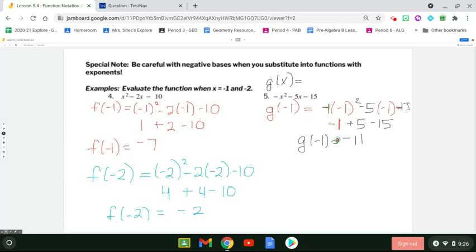We're going to do the same thing, except this time we're going to evaluate when x is -2. So the opposite of -2 quantity squared, minus 5 times -2, minus 15.